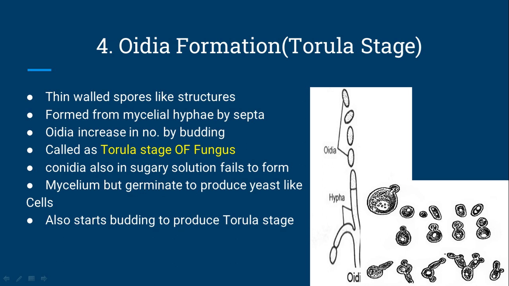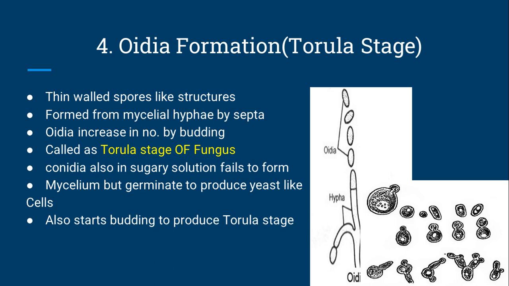But they germinate just like yeast, that is by budding. They also start budding like yeast, and in that case they produce a torula stage. So this torula stage of Penicillium only occurs in a highly saccharine solution.